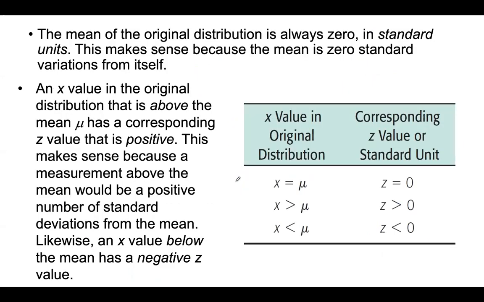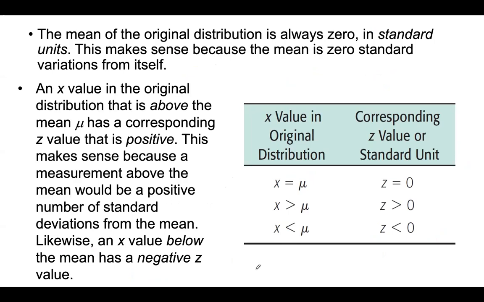So the mean of the original distribution is always 0 in standard units. This makes sense because the mean is 0 standard deviations from itself. An X value in the original distribution that is above the mean has a corresponding Z value that is positive.